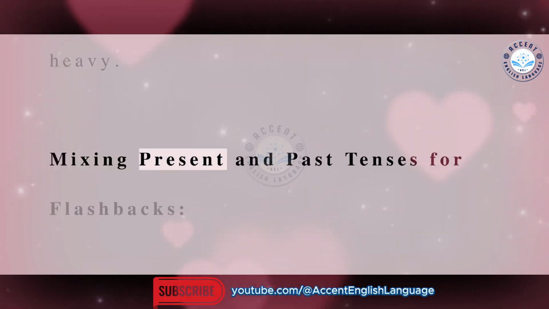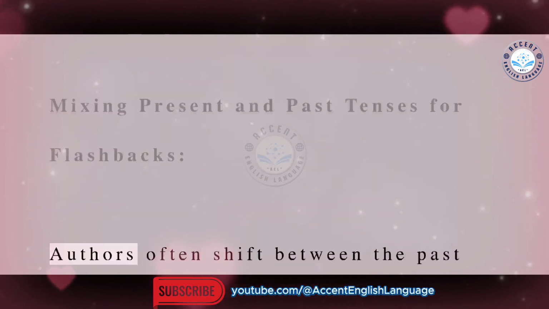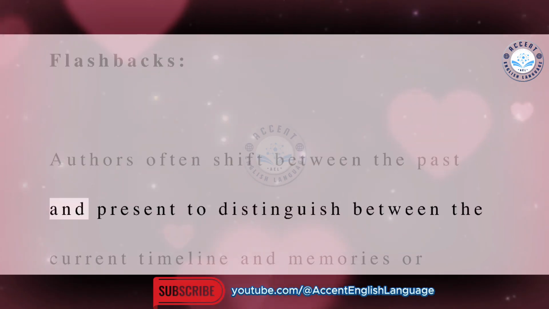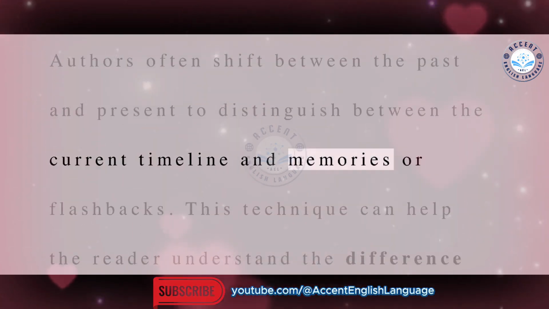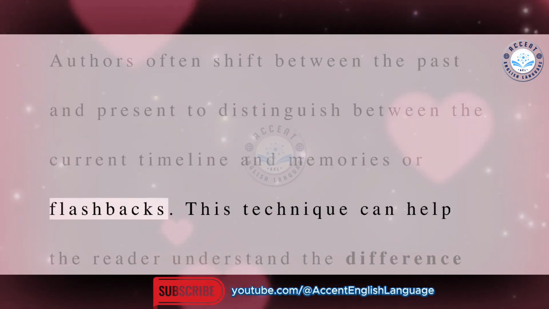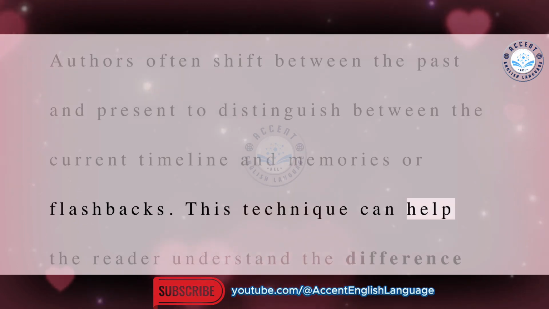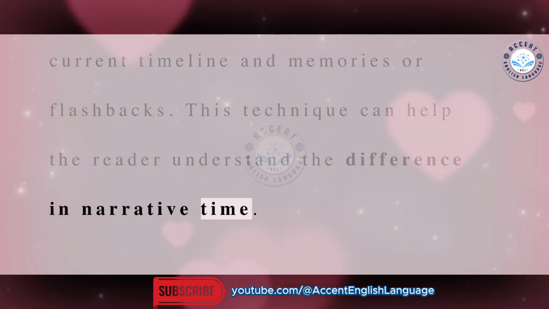Mixing present and past tenses for flashbacks. Authors often shift between the past and present to distinguish between the current timeline and memories or flashbacks. This technique can help the reader understand the difference in narrative time.